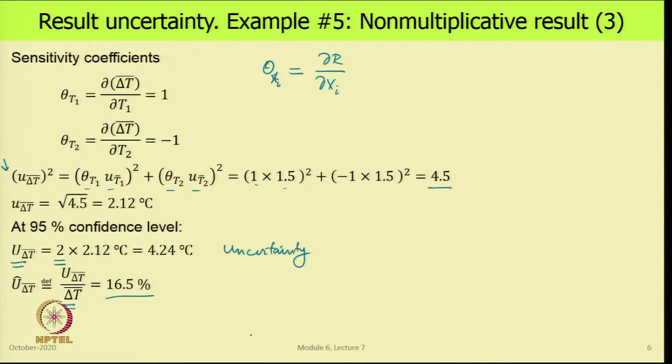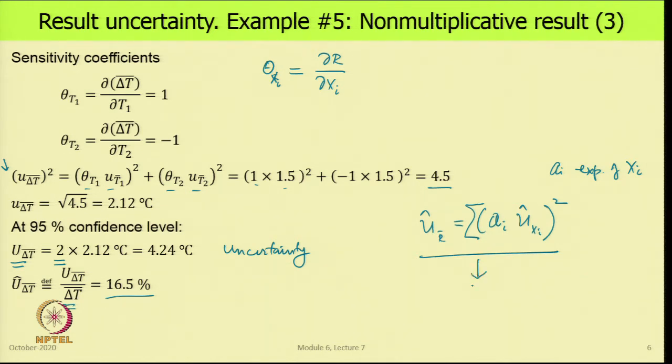So, that is the way to handle additive and subtractive relations. If we thought that we could do it by saying that u hat r bar is the exponent of each, a I, times u hat of that expression, which we could do for multiplicative relations, where a I is the exponent of x I, then if we use this formula with our expression delta T equal to T 1 minus T 2, you will find that the result is completely off.